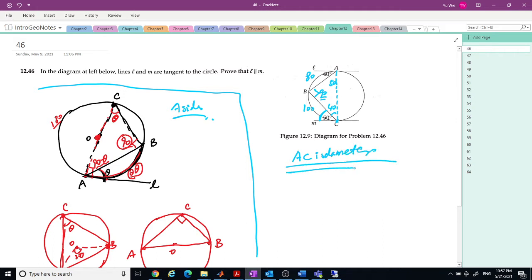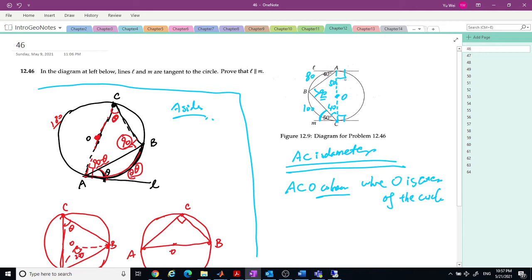If you know this one is 90 degrees, then AC is a diameter. Once you know AC is a diameter, you know A, O, C are collinear, where O is the center of the circle. So here is O. You know OC is perpendicular, 90 degrees, and OA is 90 degrees, because L is a tangent line and M is a tangent line.